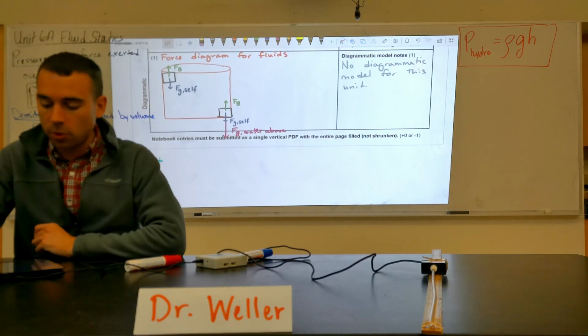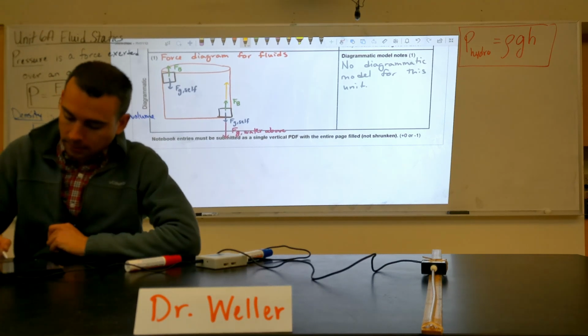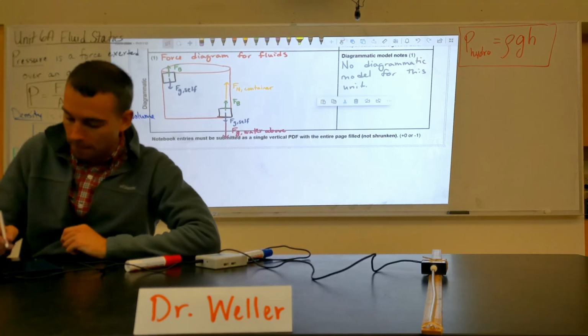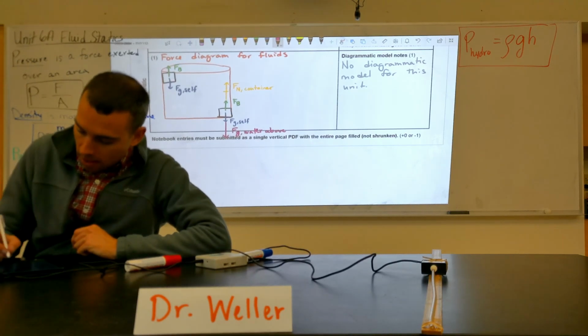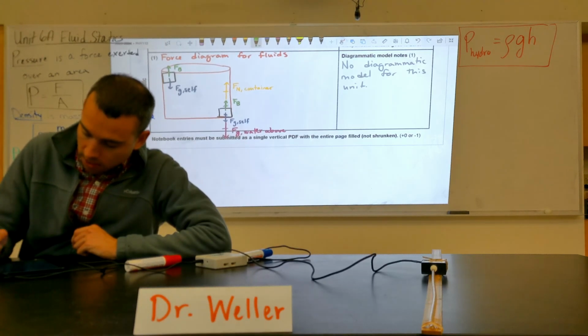Since this is a static fluid, forces have to cancel. So I'm going to draw one more arrow, exactly canceling that. And that would be a normal force from the container. So they'd be equal with the hash? Yep. We got one hash here, we got one hash here, we got a double hash here, and a double hash here. Great question.